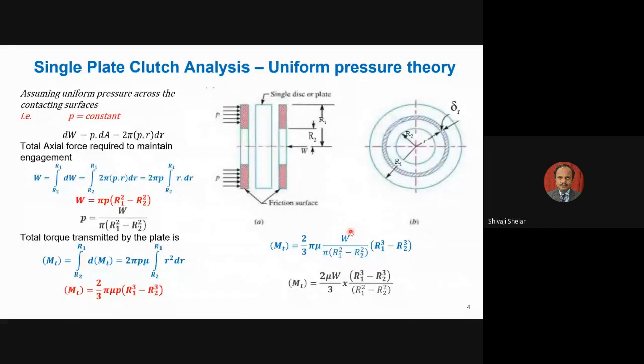They will have different options, and one such option will be this. You should select the right option. The option may also be in terms of diameter, in which case R1 will be DO by 2 and R2 will be DI by 2. So you have to convert this formula in terms of diameter as and when required.